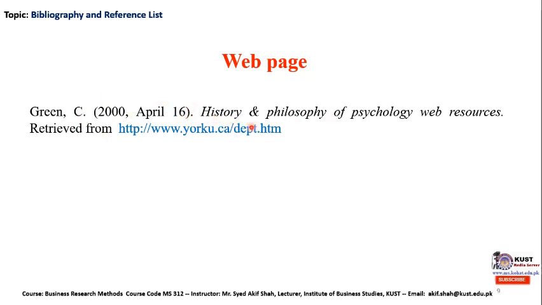The title of that article was History and Philosophy of Psychology Web Resources, and it has been retrieved from this URL, which is www.yorku.ca/dept.html. With the help of this reference pattern, you can mention the quotation or particular statement with the name Green C 2000 April 16.